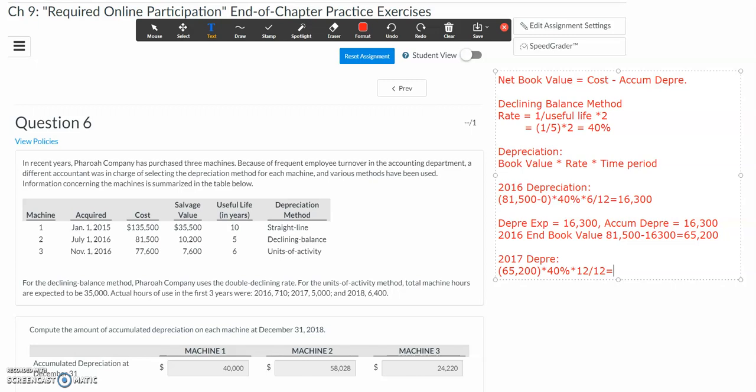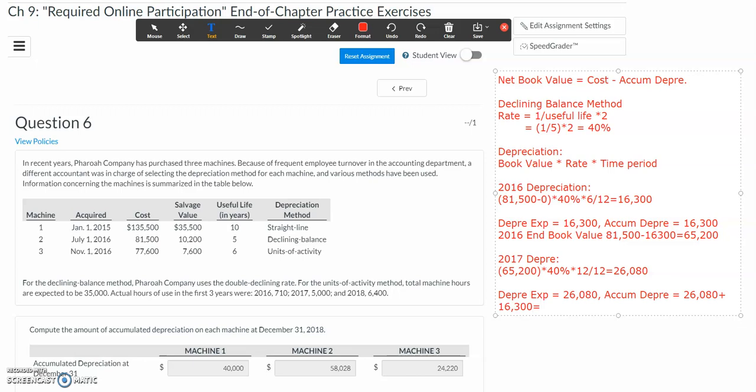So our depreciation for the second year is going to be 26,080. So that means that our depreciation expense is going to be 26,080. And our accumulated depreciation is going to be 26,080 plus the prior year's accumulated depreciation.